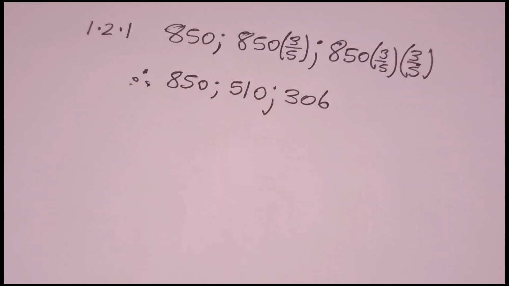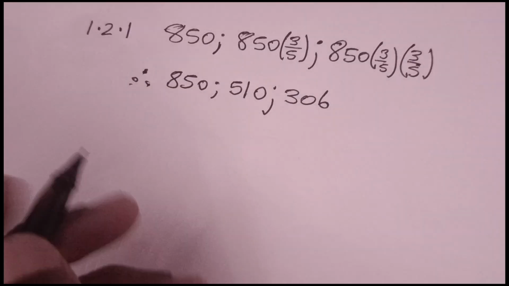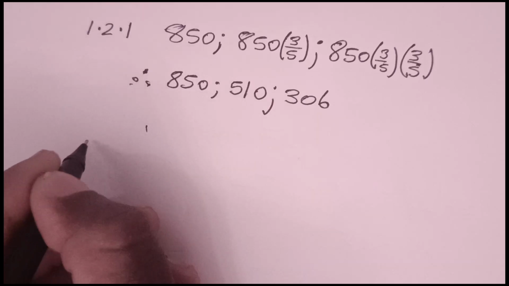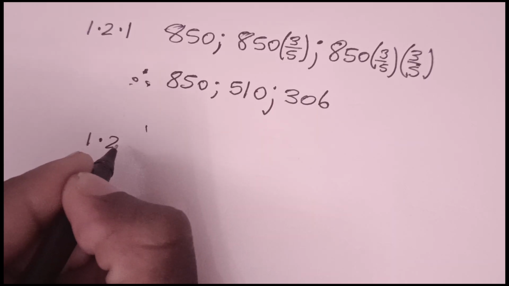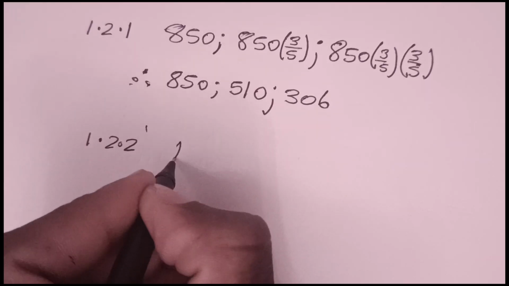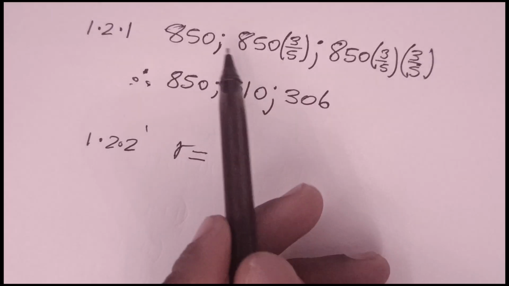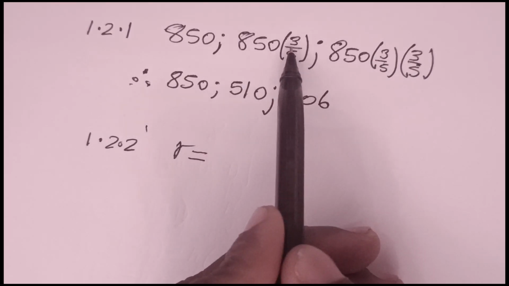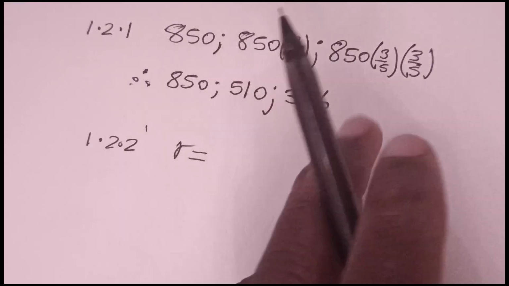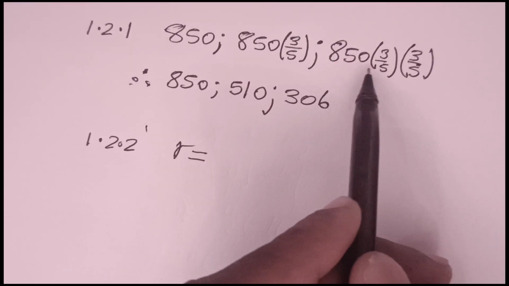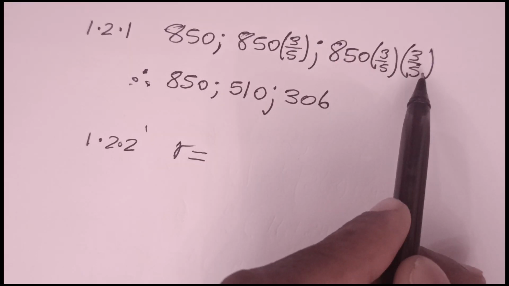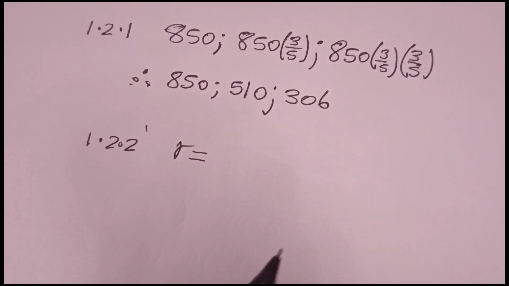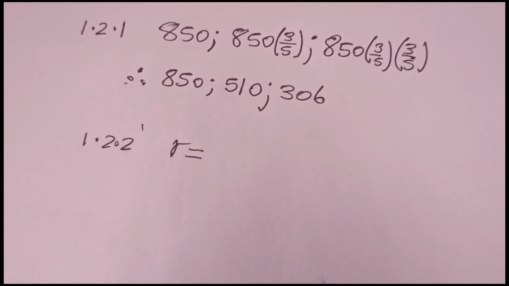Firstly, you can see from here that R is actually 3 over 5. You can read it from there because this is 510, which is 850 multiplied by 3 over 5. But if you are not sure, you are panicking, you are being told it's a common ratio.